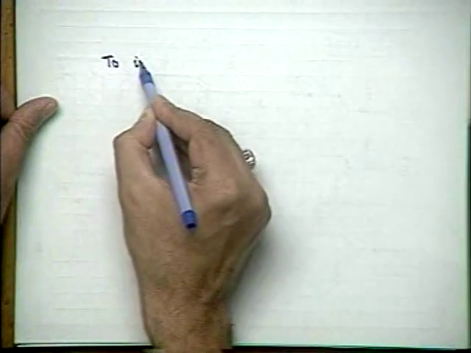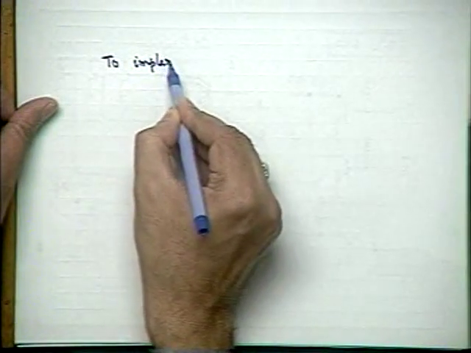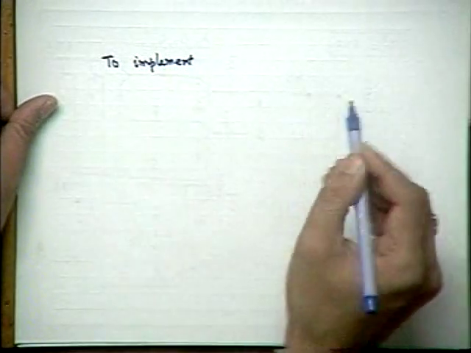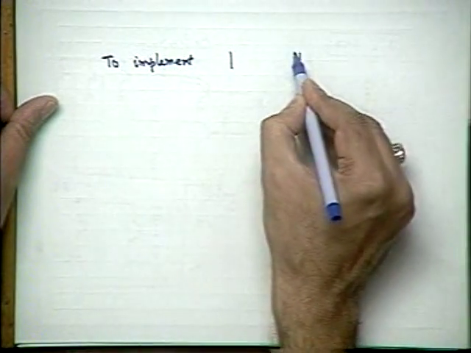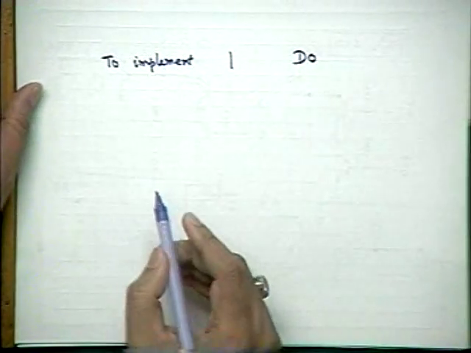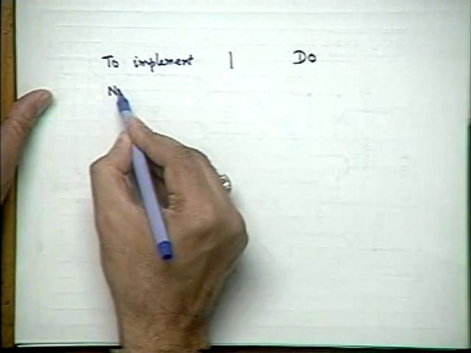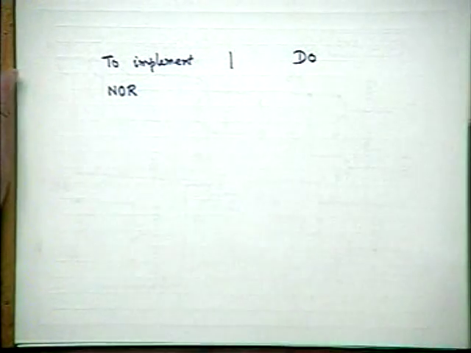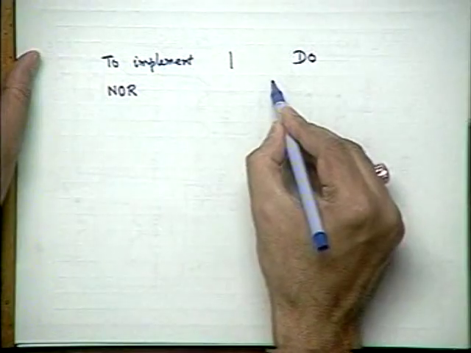And if I have gone through all these things, then I can write down certain rules for creating the different functions. So to implement, do the following. One is NOR: short the outputs.